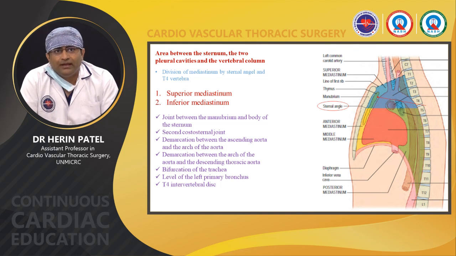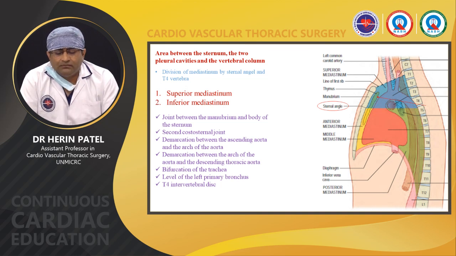It is also the demarcation between the ascending aorta and the arch of the aorta, and between the arch and the descending thoracic aorta. It is also the point where the trachea bifurcates and the level at which the primary bronchi arise.